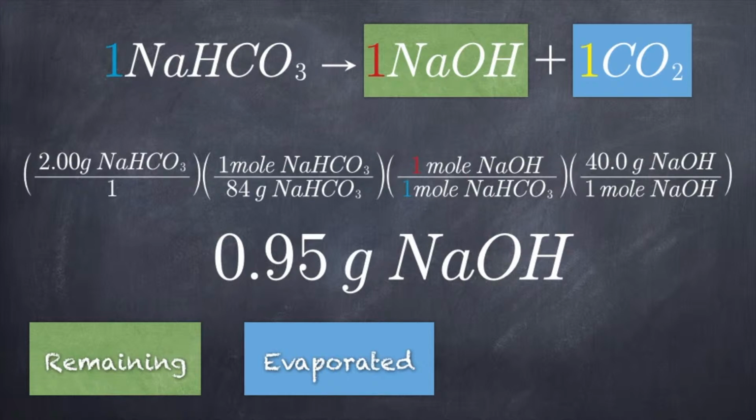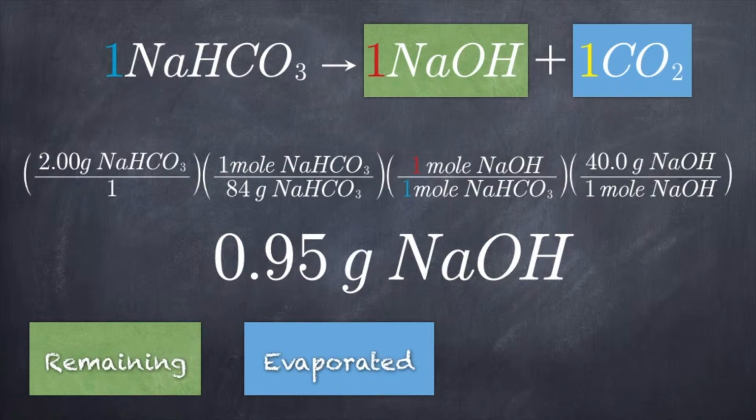of NaOH. Now this is moles of NaOH as if the sample of baking soda had been heated to 50 degrees and let sit on a burner for a sufficient period of time. And what they found was that 2 grams of baking soda should produce 0.95 grams of NaOH.